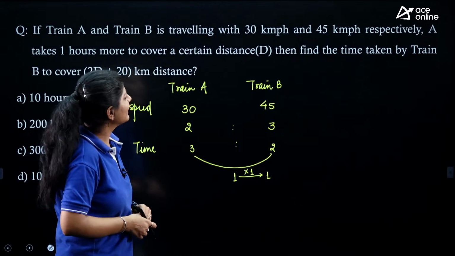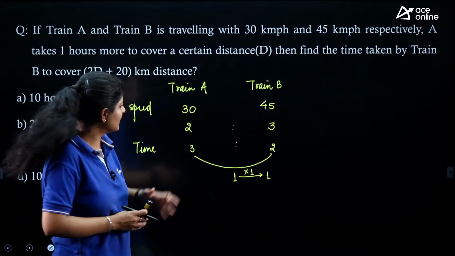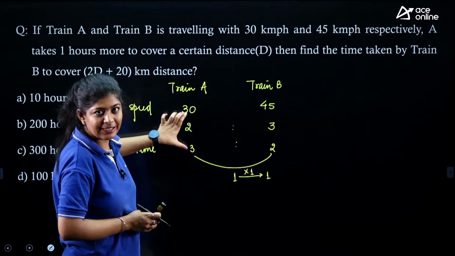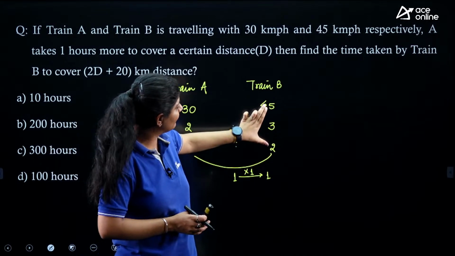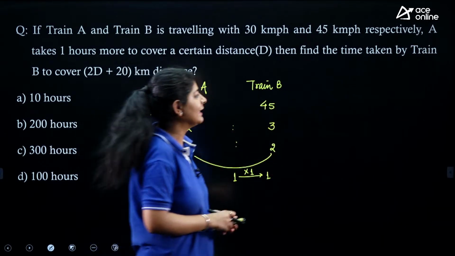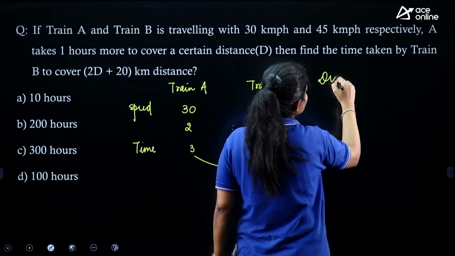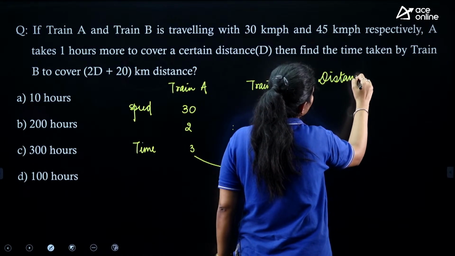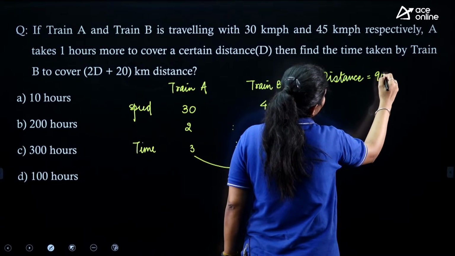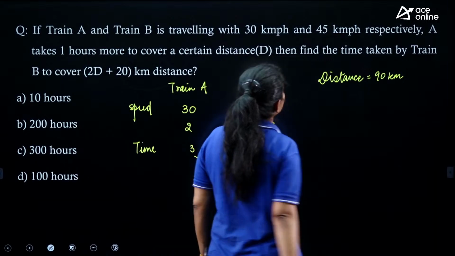Now with this, can we find out the distance? If we multiply this value, we get 90 kilometers. If we multiply this value, again we get 90 kilometers. So the distance is 90 kilometers, right?